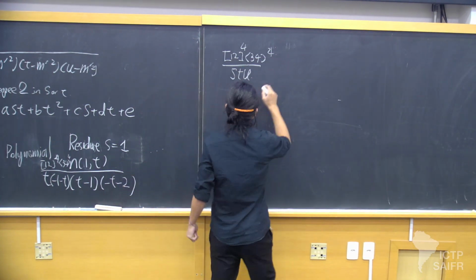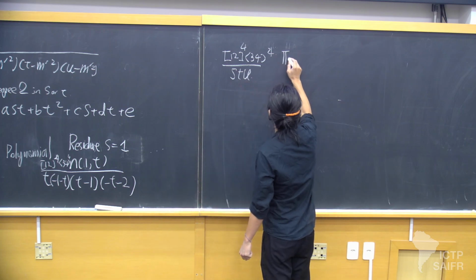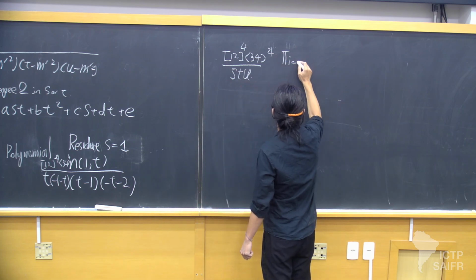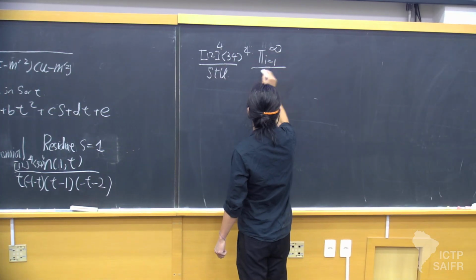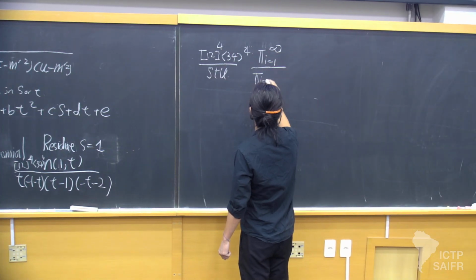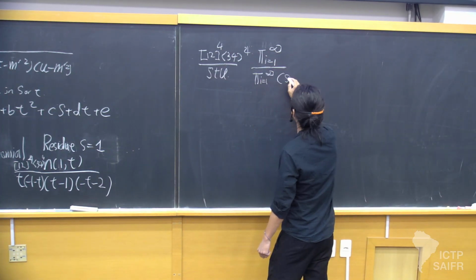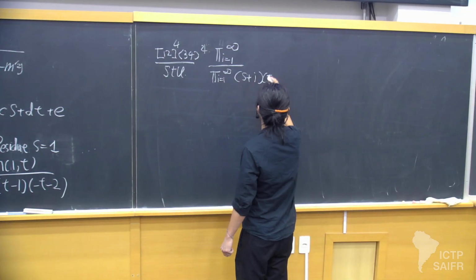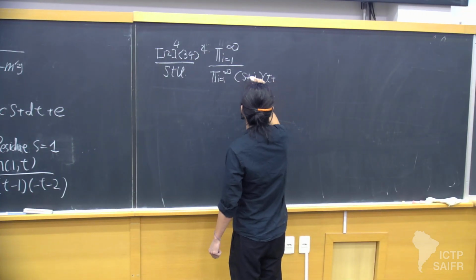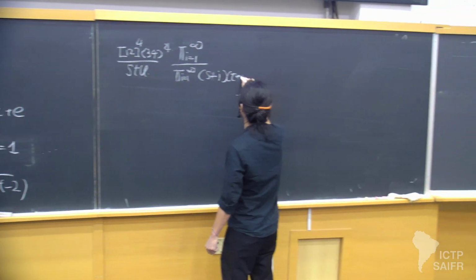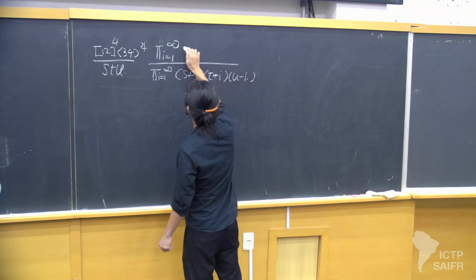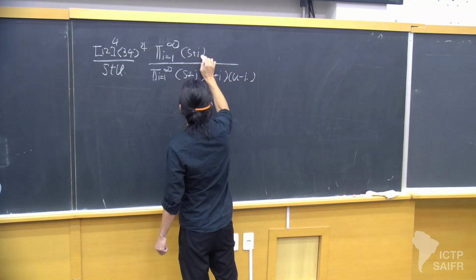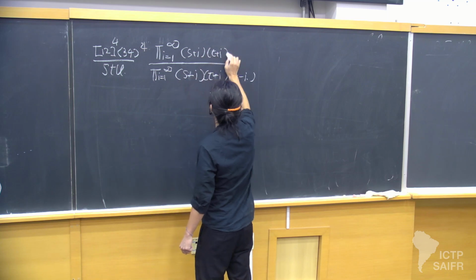So that tells you there's a very nice solution to this problem, and it's very simple. This is just a product from 1 to infinity, and this is just a product from 1 to infinity. This is all the poles, s minus i, t minus i, u minus i, and this is all the zeros, s plus i, t plus i, u plus i.